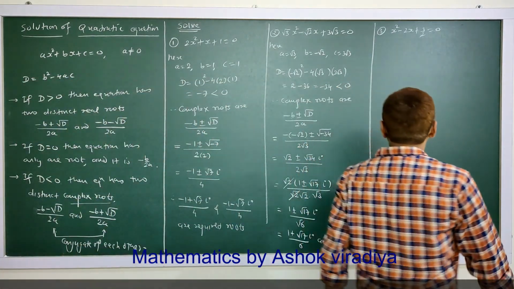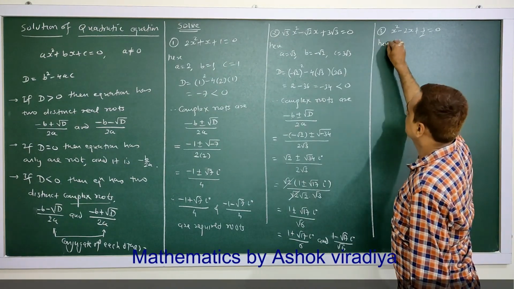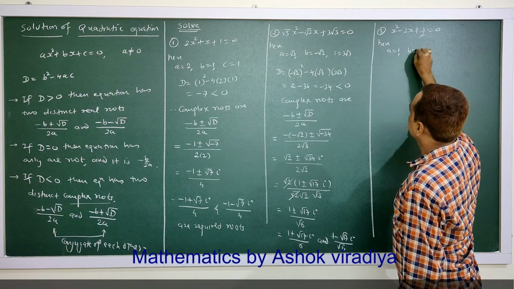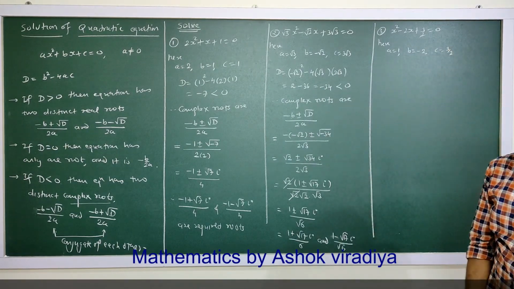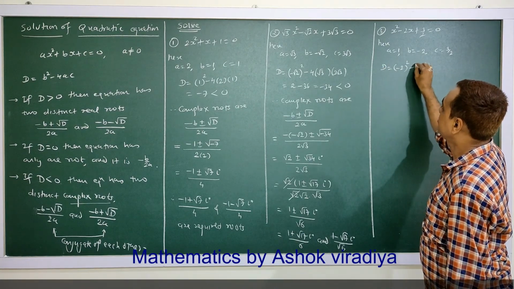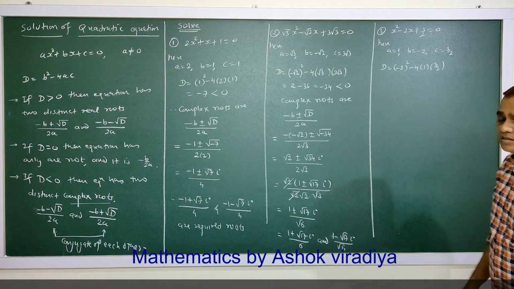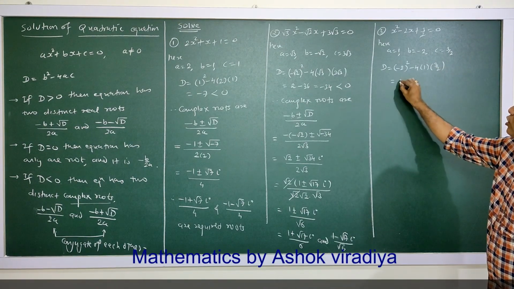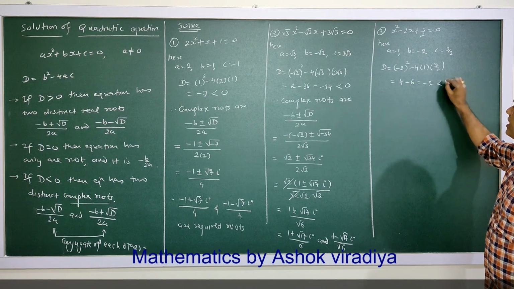Now for this question, here a is 1, b is -2, c is 3/2. Discriminant is b square minus 4ac. So this is 4 minus 6, it is -2, less than 0.